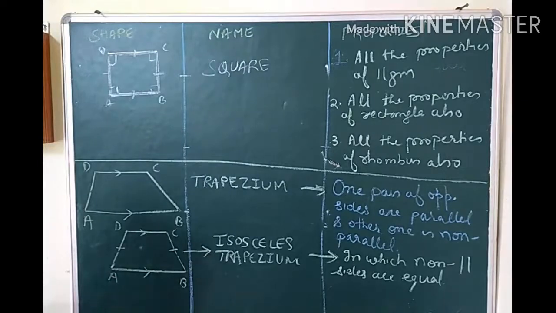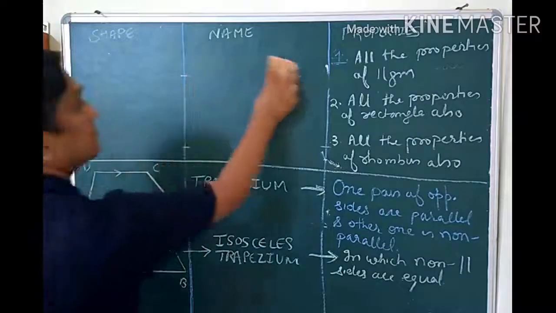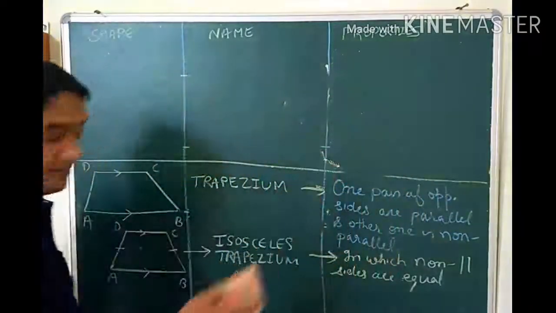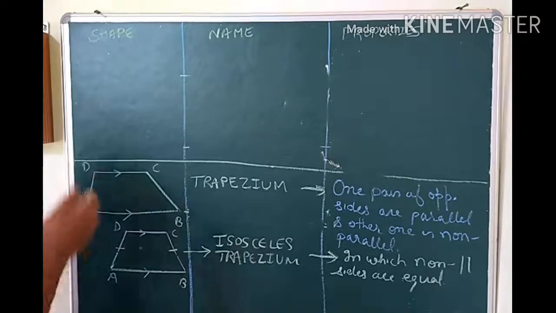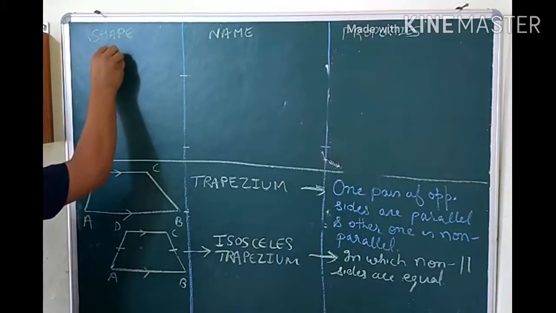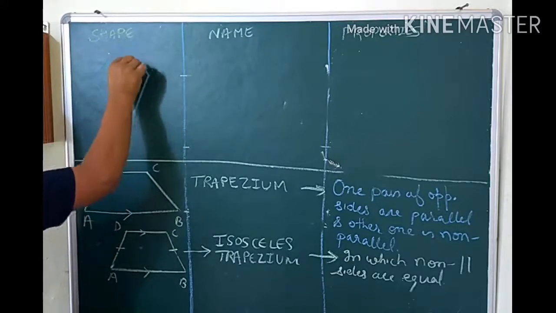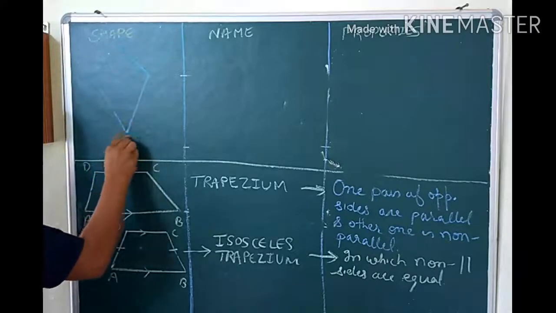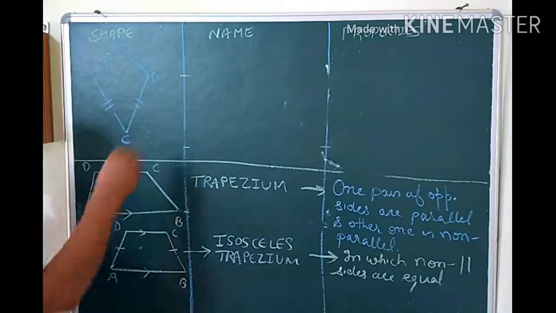Children, now the last one is the kite. This is equal to this and this side is equal to this side. This is a kite, children.